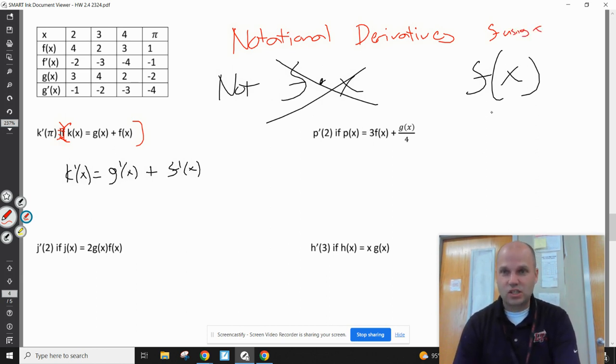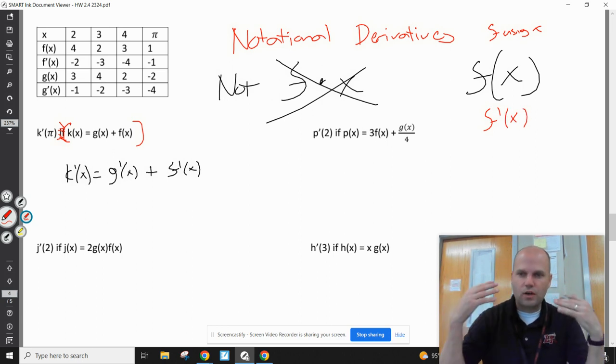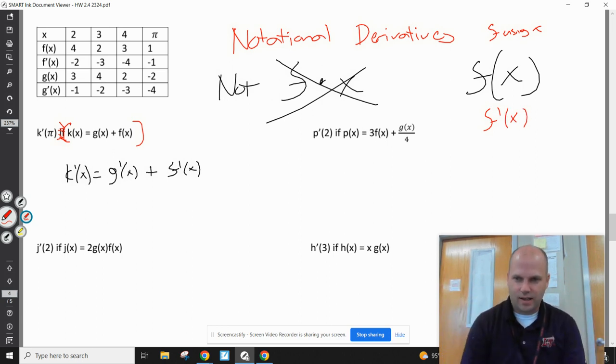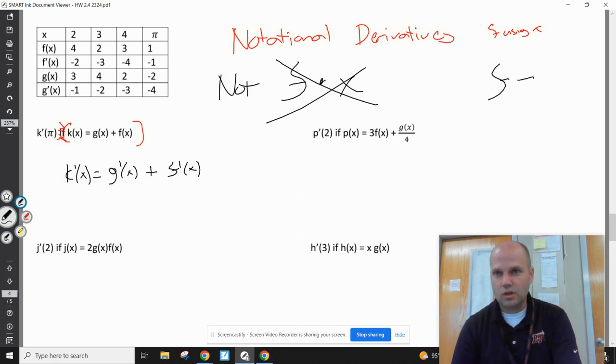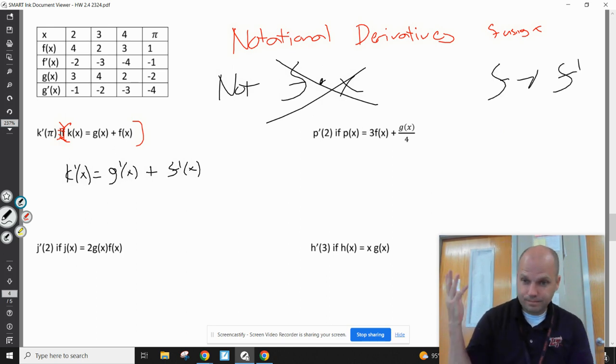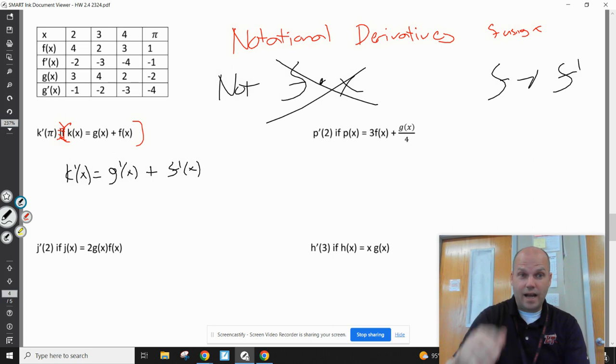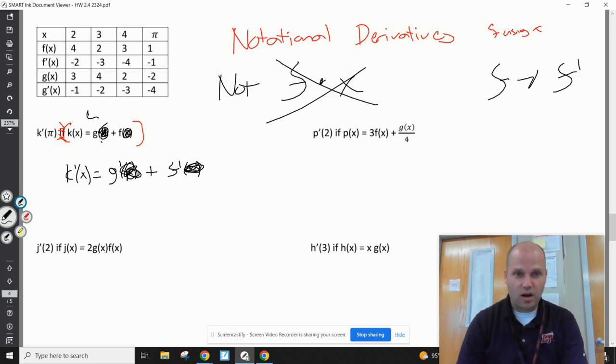F using x's derivative is the slopes of f using x. You could honestly just get rid of the using x and say that F's slopes are F prime. I could have just said G and F. G slopes are G prime, F slopes are F prime. That's fine.